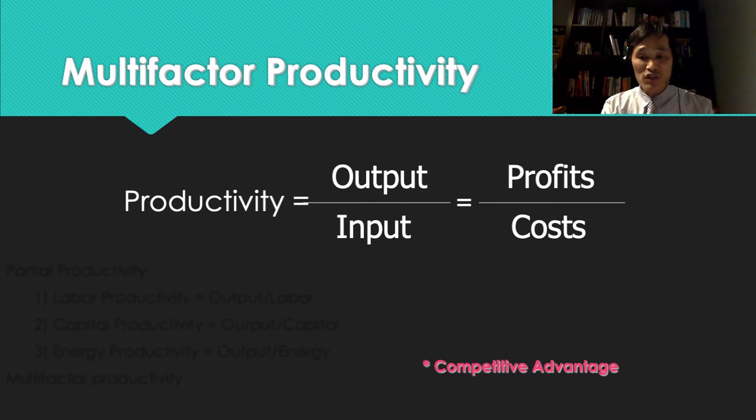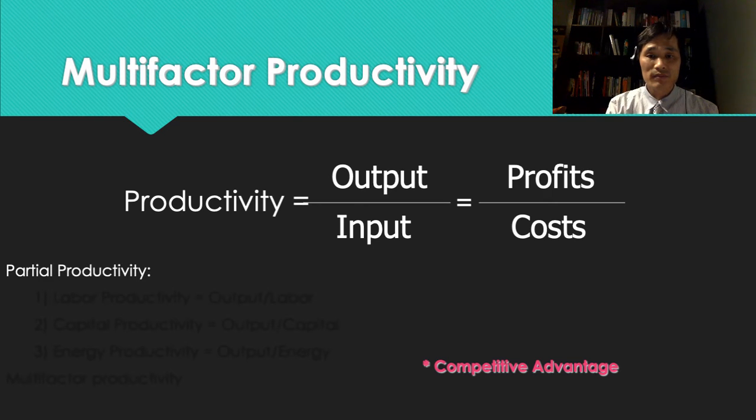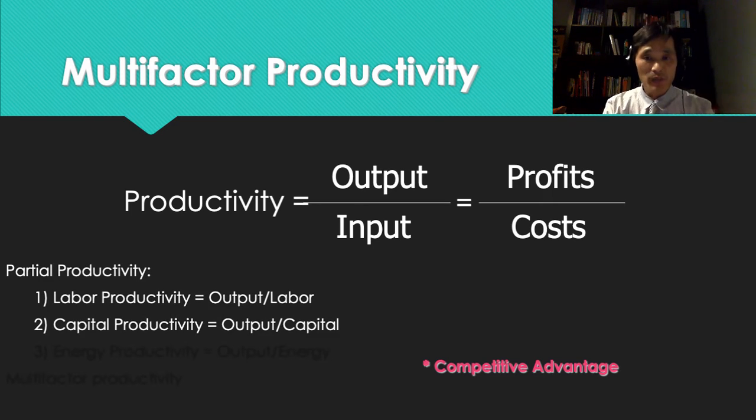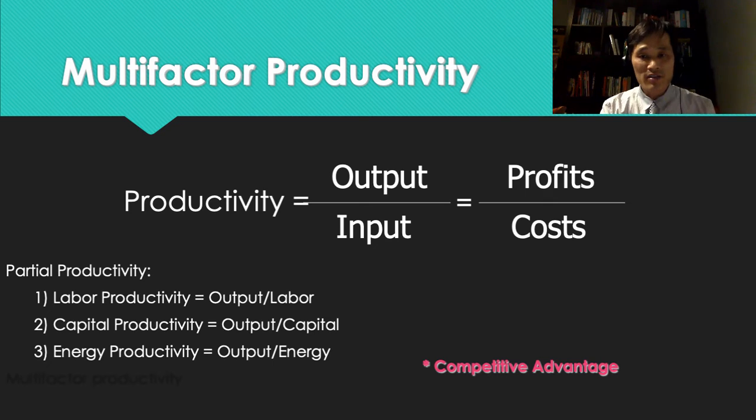It's an imperfect measure, but an acceptable way to gauge the productivity. The goal is to increase the output while maintaining or decreasing the input. So we see labor productivity, capital productivity, energy productivity, and we put them together as a multi-factor productivity.